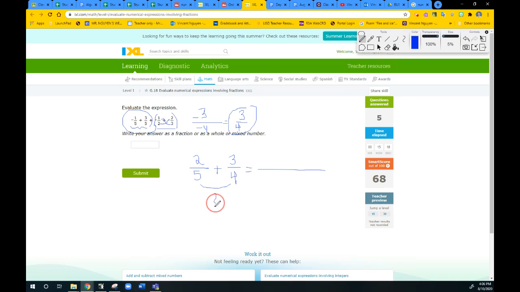So what is the common denominator? What is the smallest number that both 5 and 4 can go into? I'll give you a minute to think. 20. 5 goes into 20 4 times. So I have to multiply this by 4.